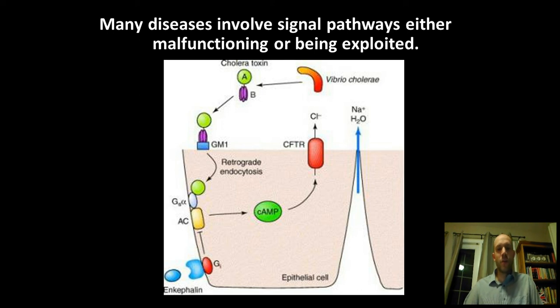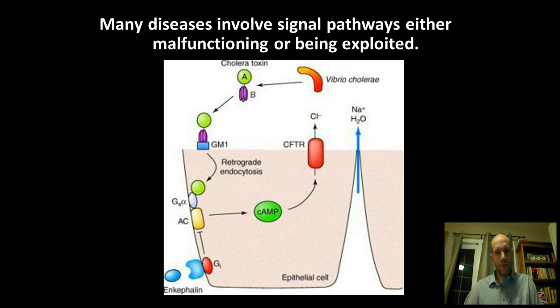It then causes one of these G protein pathways to be activated, producing a large amount of cAMP, cyclic AMP, and that in turn causes a large amount of chloride ions to be pumped into the lumen of the digestive system. Pumping chloride ions in causes sodium, positively charged, to follow as well, and water by osmosis.